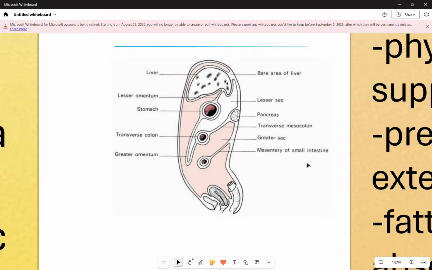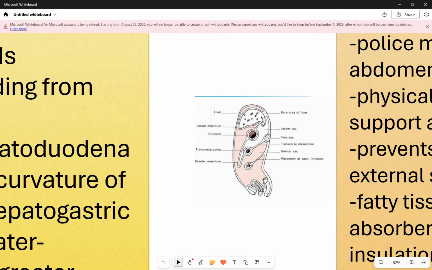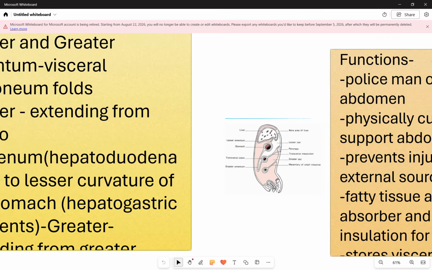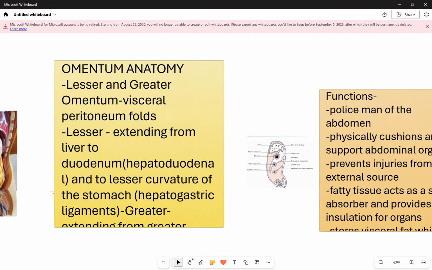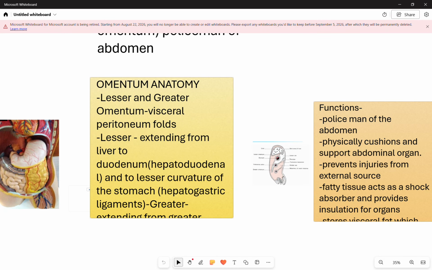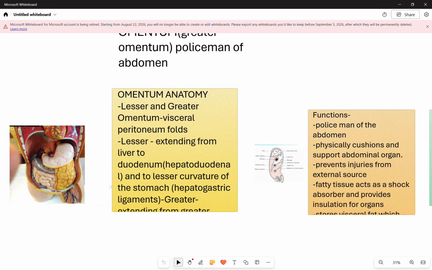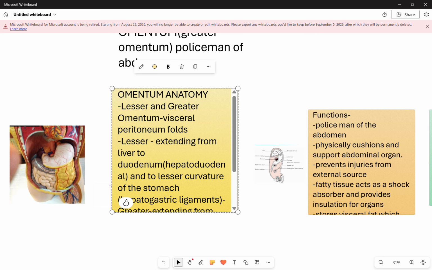Now I come to the functions of the greater omentum. So just to revise anatomy, the omental anatomy has got lesser and greater omentum. These are visceral folds of peritoneum.